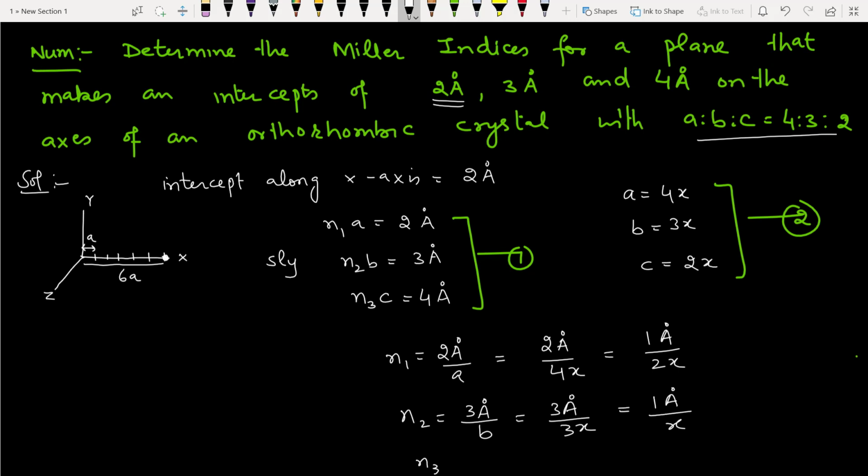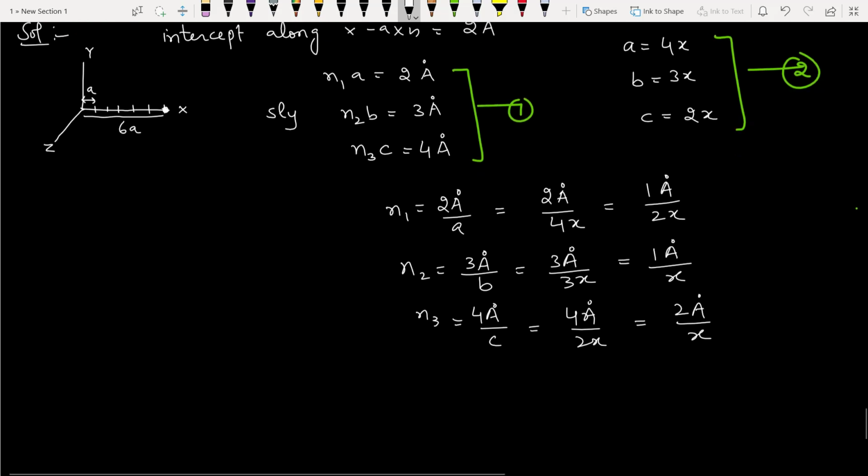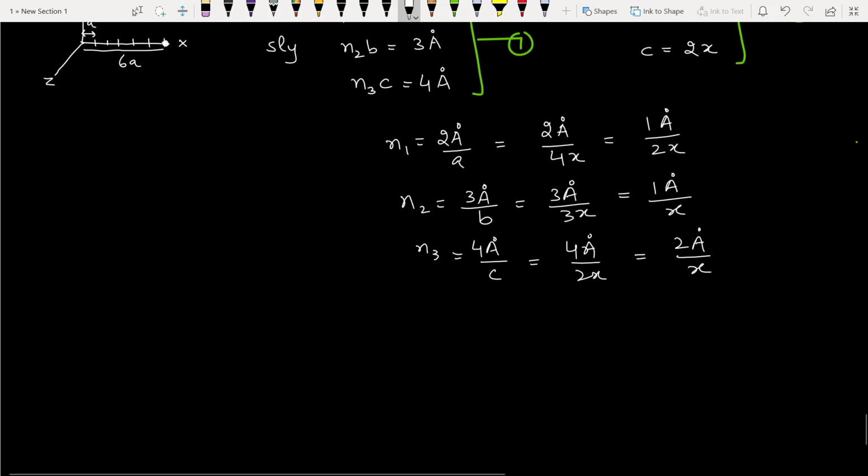And n3 is 4 angstrom by C, 4 angstrom divided by 2x, which is 2 angstrom divided by x. So these are simply the multiples.